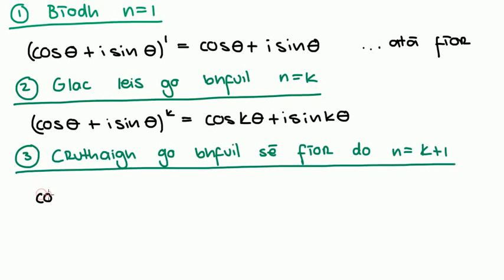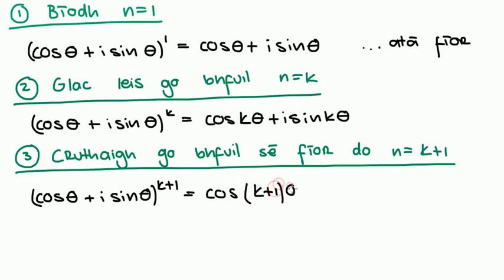So what we want to show is that (cosine theta plus i sine theta) to the power of k plus 1 is equal to cosine (k plus 1) theta plus i sine (k plus 1) theta.